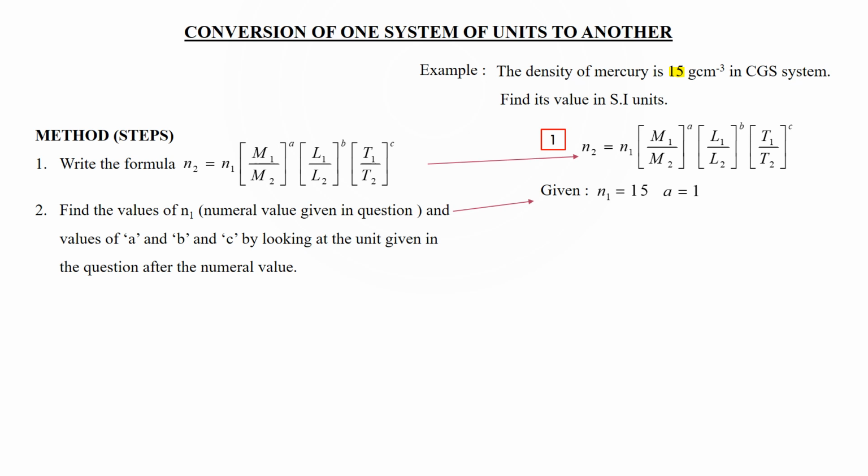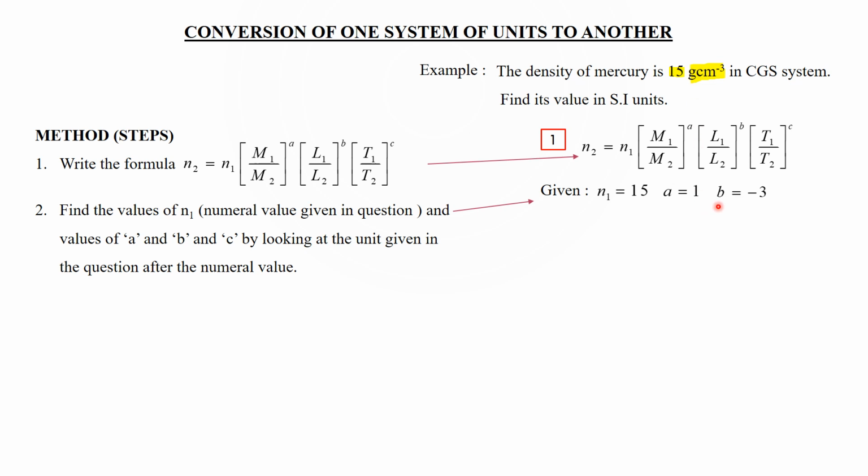So what is given after the numeral value? This unit. Okay, so this unit gives me an idea that mass is to the power of 1. So we have put A is equal to 1 because mass is to the power of A and gram is to the power of 1. So A is 1.